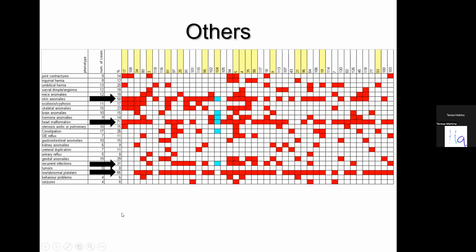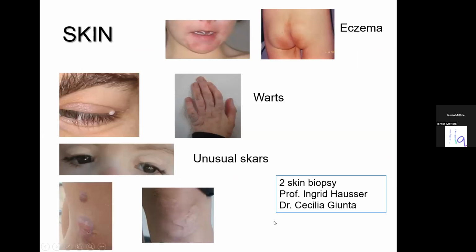Remember that these numbers refer to children after the neonatal period, because I have only seen patients in outpatient, in office.